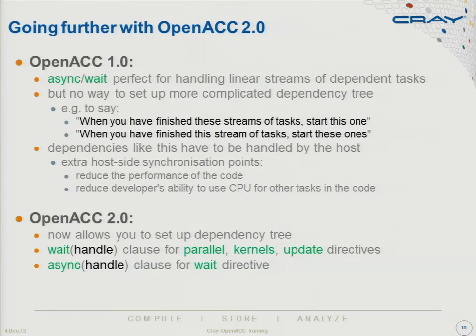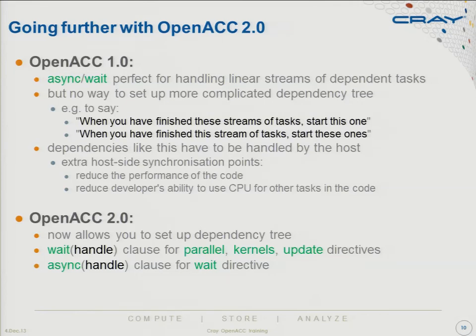So OpenACC 1 had some async in it. What came new in OpenACC 2 was it got more complicated. In OpenACC 1, what you could say is, when you've done this, do this, and when you've done this, do this, and it's a linear stream of one operation after another. What you couldn't say was, when you've done this, do this and this, but they can be in parallel.